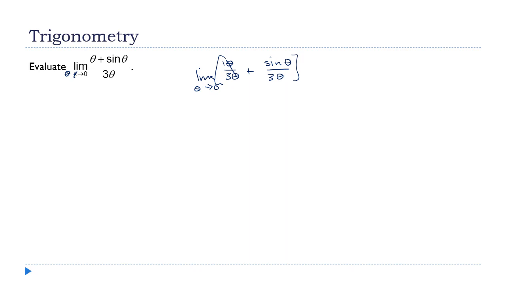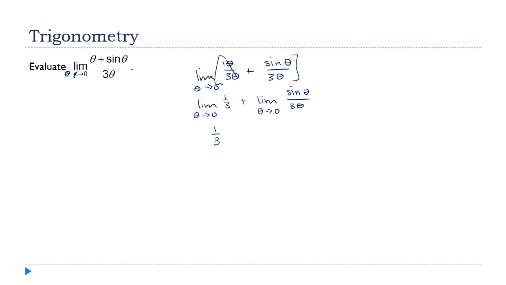Now, let's split it up. We have a limit property that says I can split up a sum. This is the limit as theta approaches 0 of 1/3 plus the limit as theta approaches 0 of sine theta over 3 theta. This first limit, that's just 1/3. The limit of a constant is just the constant.